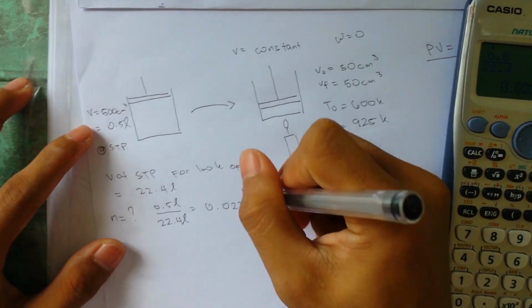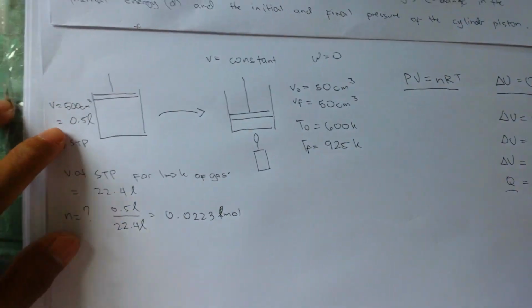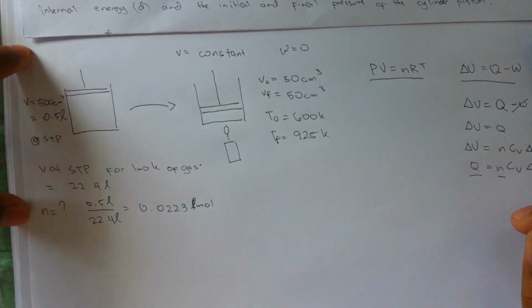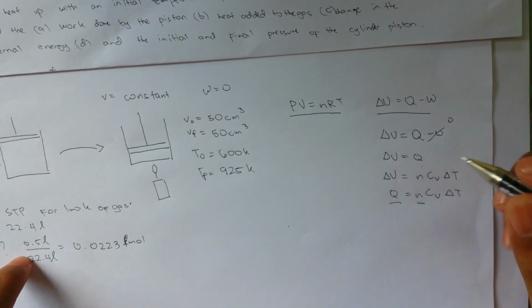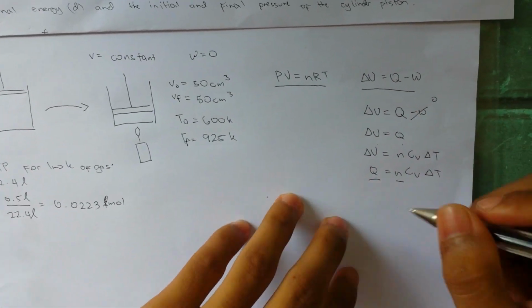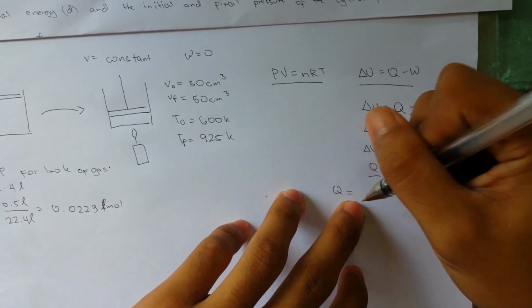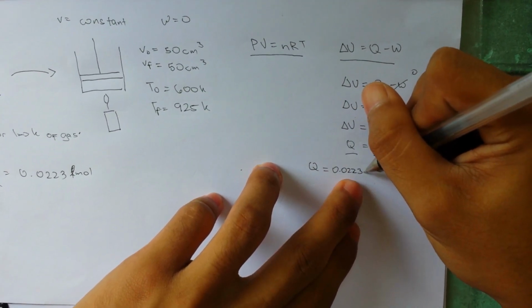Oh no, that's wrong. It's mole. So our given is a mole, so we can solve it. Q is equal to 0.0223 mole.